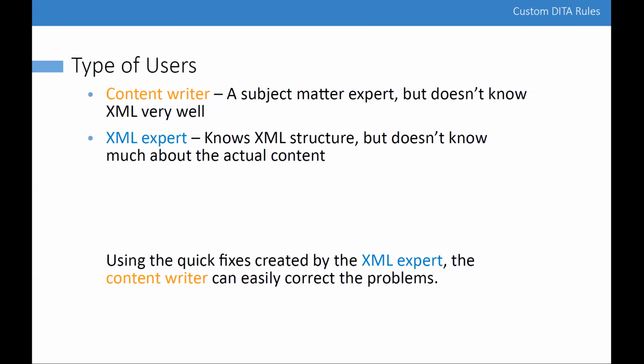And the XML expert will not know the content, so they need to discuss together and solve the problem. So a way to avoid this overhead is for the XML expert to create some actions that will help the content writer to solve the problem more easily without breaking the document, and making sure that the document is correct at the end.